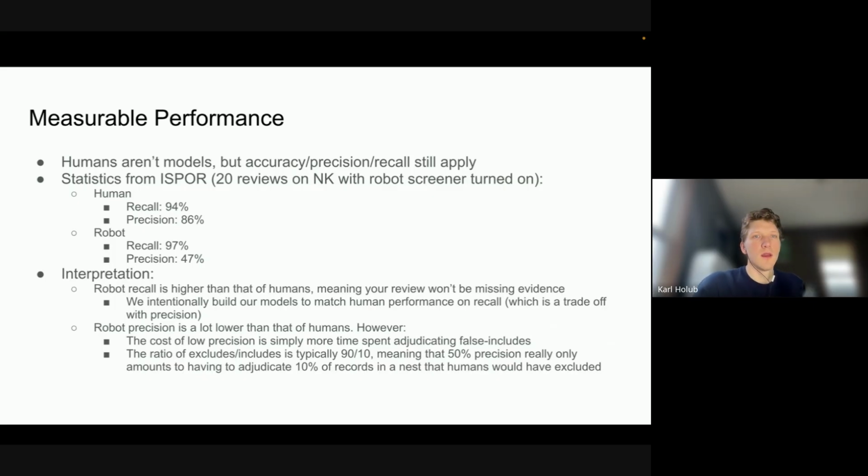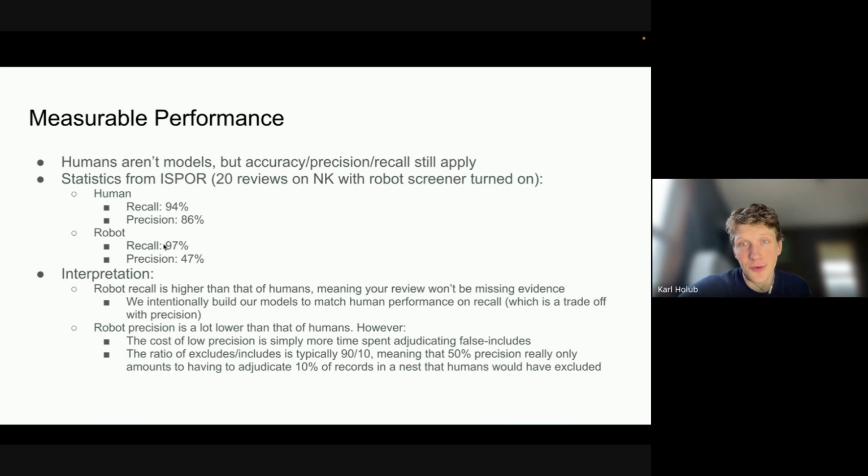In short, recall, which if we remember is the rate at which the robot will include something that a human also would have included, or in the case of humans, the rate at which a reviewer includes something that the adjudicator also would have included, is 94%, and that compares with our robot at 97%.